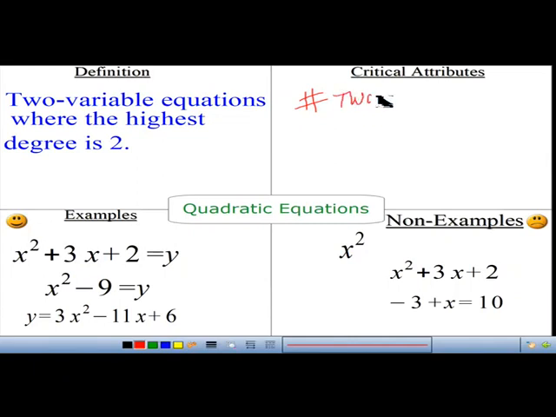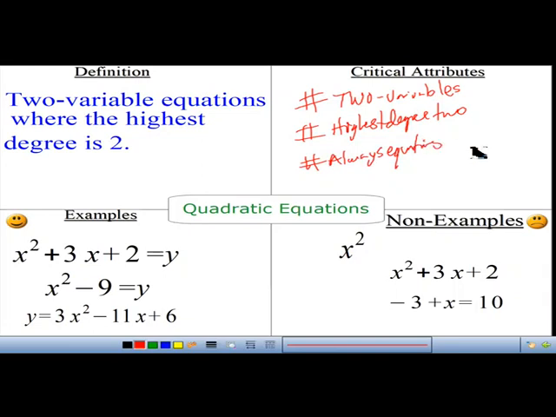Two variables, that is correct. That's one thing that makes it a quadratic equation. Something else, Juan? Highest degree is 2. And one more. Chloe, what would be the last thing that you would write? Hashtag always equation. Always equations. Thank you. So basically that's what makes quadratic equations quadratic equations. They have to be two variables, highest degree 2, and they need to be equations.